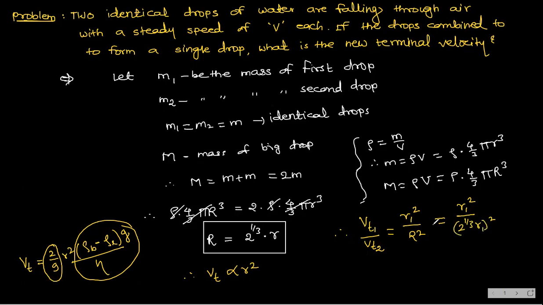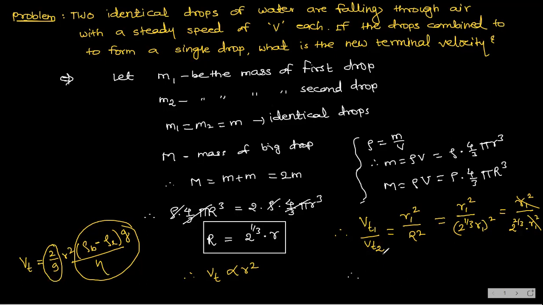Okay, so here you write r or r1, choice is yours. Okay, yes. So now here this square, if we will do, what we are getting, r1 square divided by 2 power 2 by 3 into r1 square. This r1 square cancels. Yes.